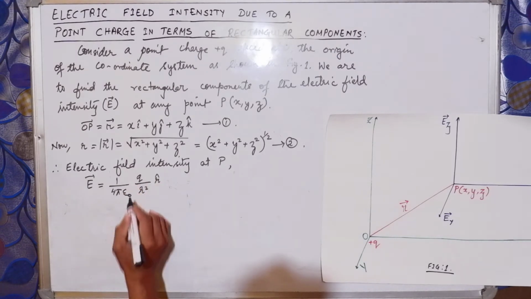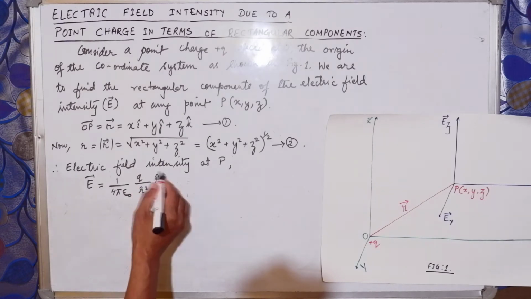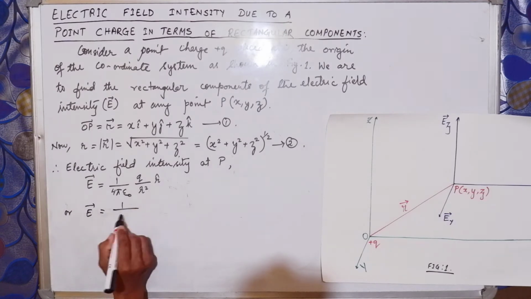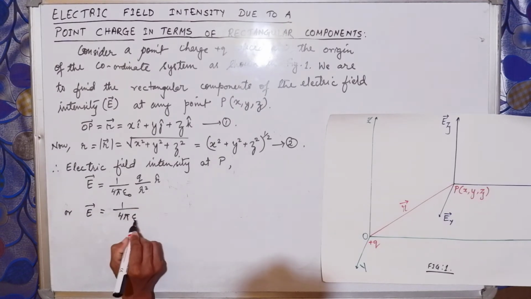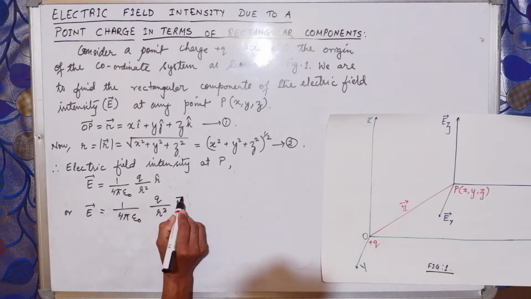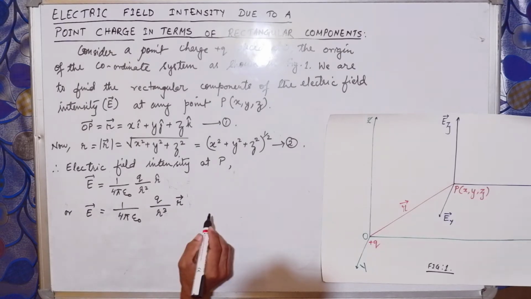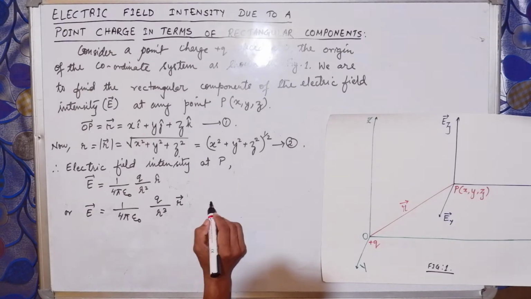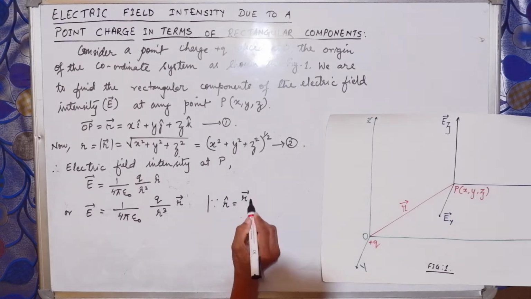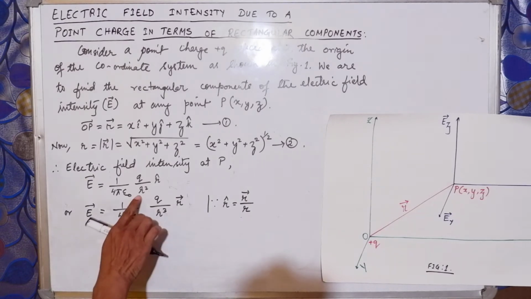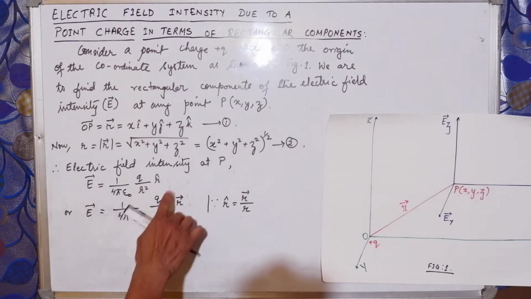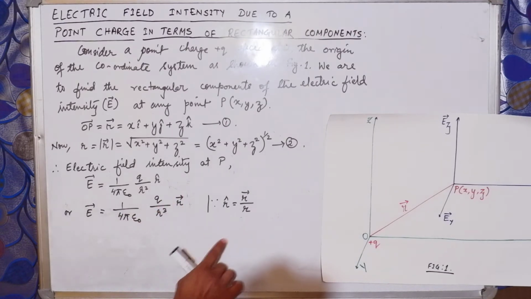We change this R cap into vector R. We can write E equal to 1 by 4 pi epsilon naught Q by r to the power 3 times vector r. Since unit vector r equals vector r divided by its magnitude r, r square and r give us r to the power 3, and instead of a unit vector we now get a vector.